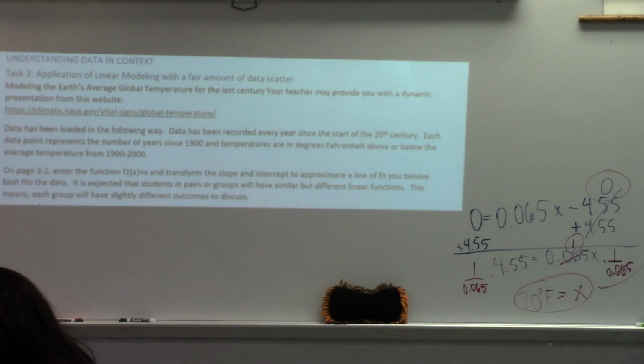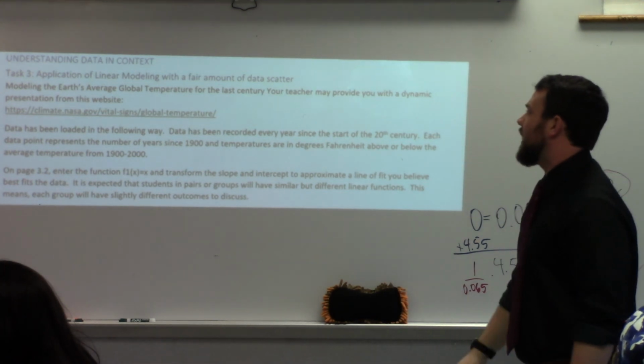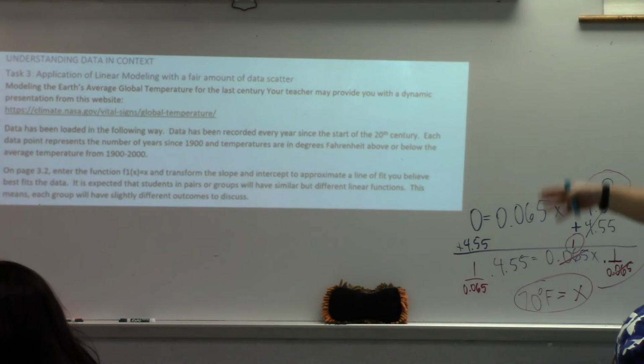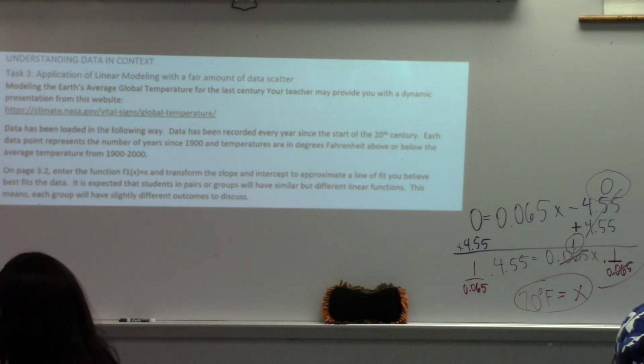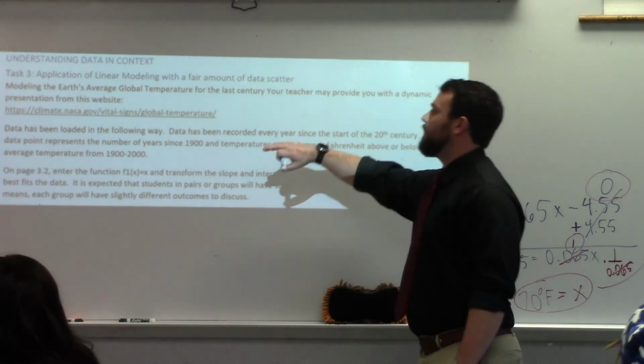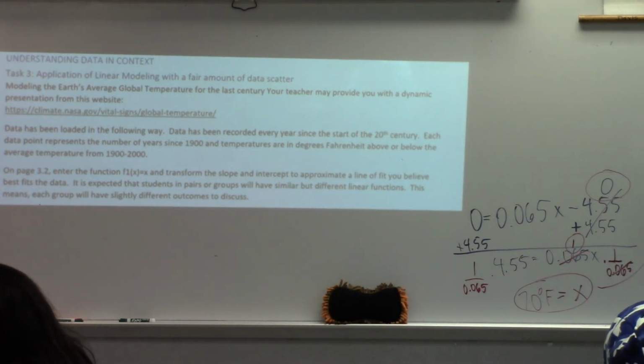Alright? So, understanding data in context, task 3 is application of linear modeling with a fair amount of data scattered. What you have already in your calculator is data on the Earth's average global temperature for the last century. I'm not getting into the political side of whether it's man-made global warming or just natural global warming.